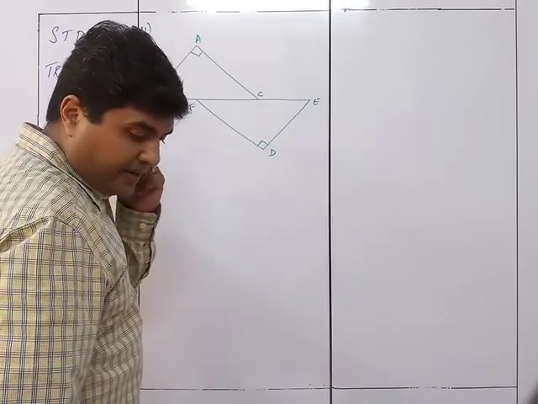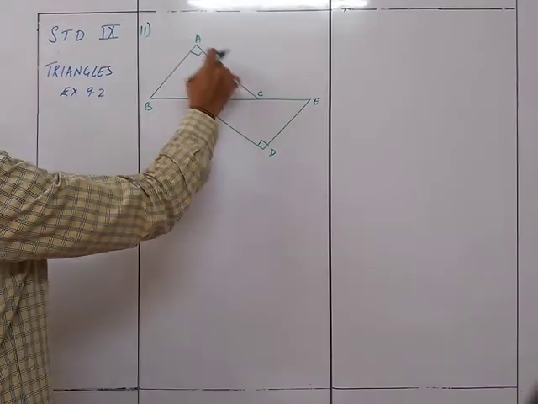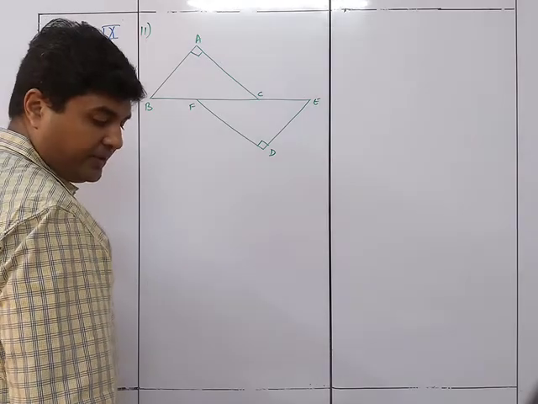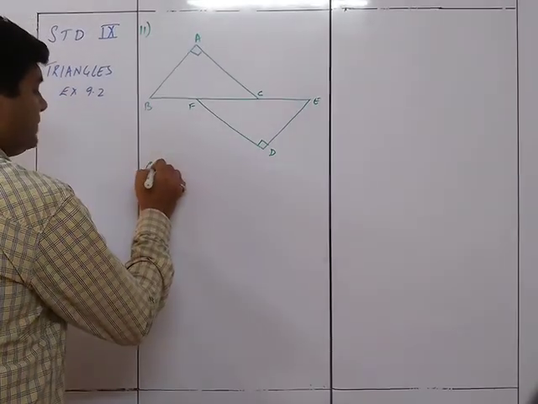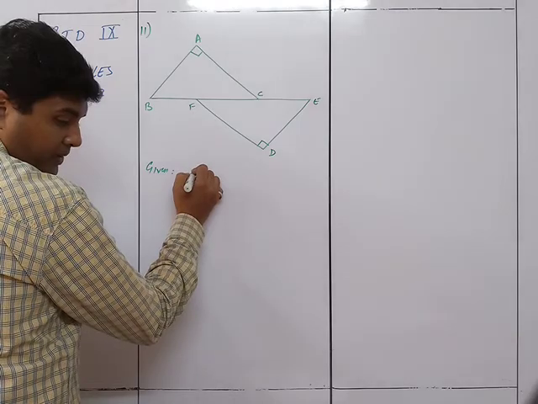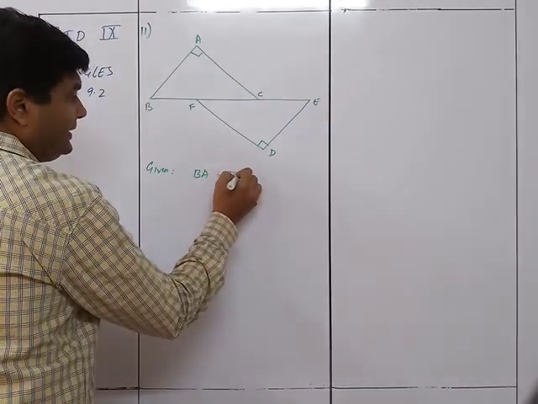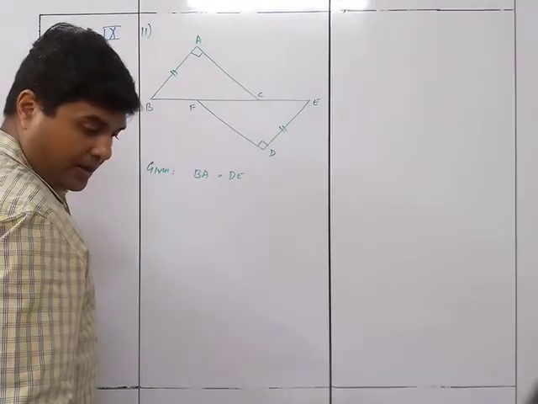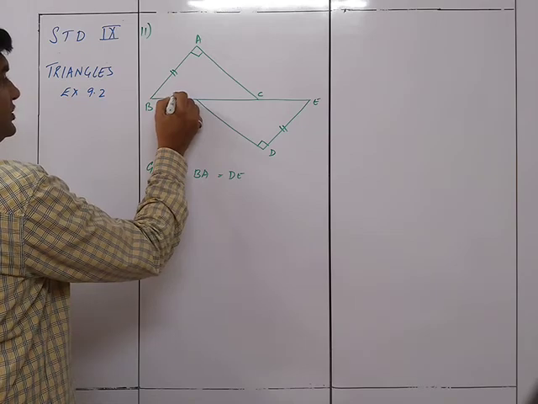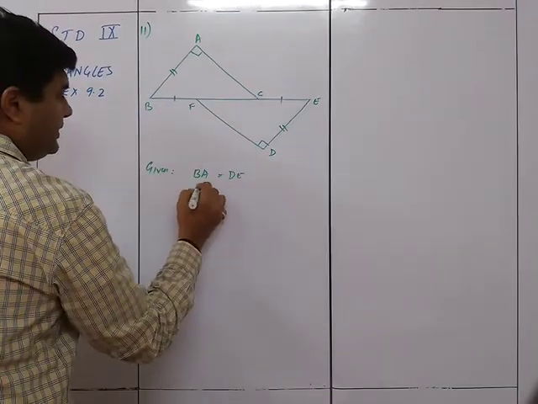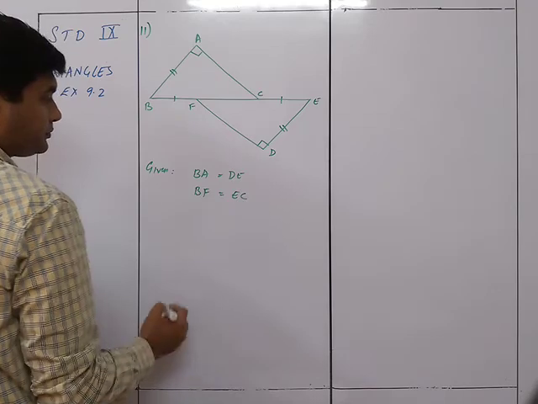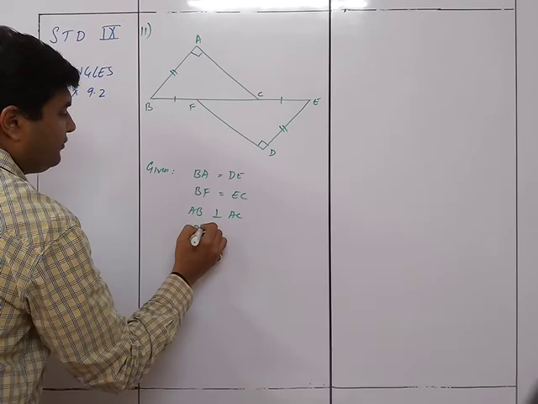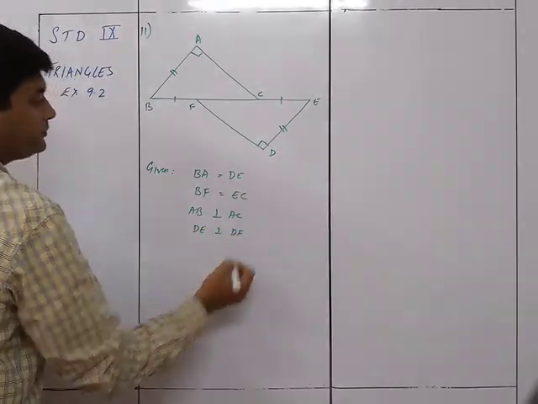They are given that BA is perpendicular to AC, and DE is perpendicular to DF, such that AB. So given me first is BA is equal to DE, and we got BF, that is this small part, is equal to EC. BF is equal to EC. We also got AB perpendicular to AC and DE perpendicular to DF.